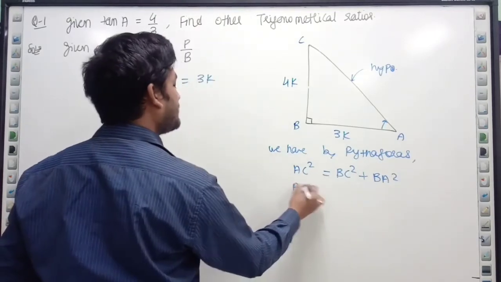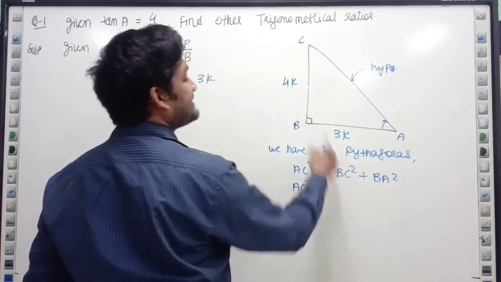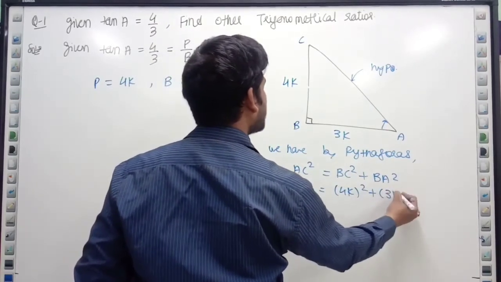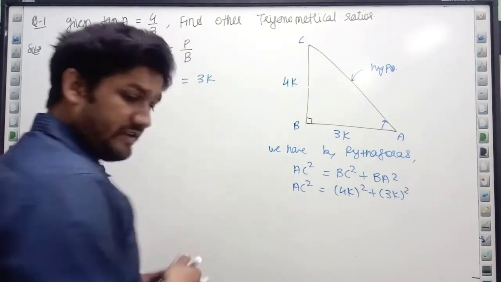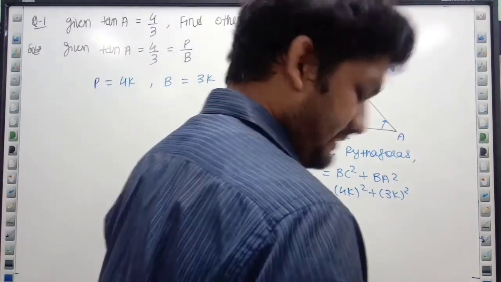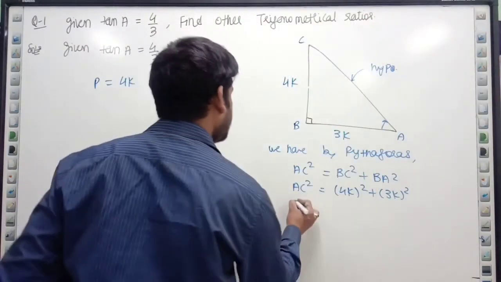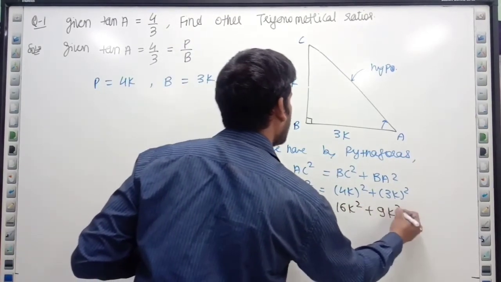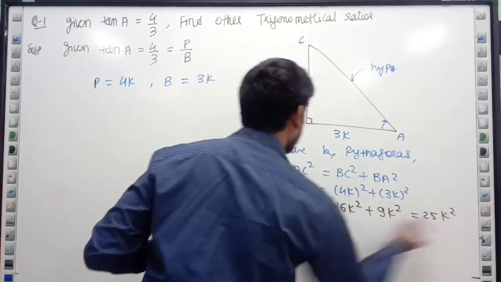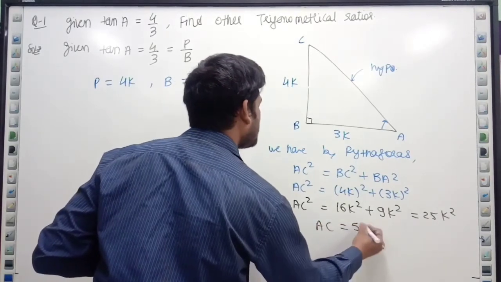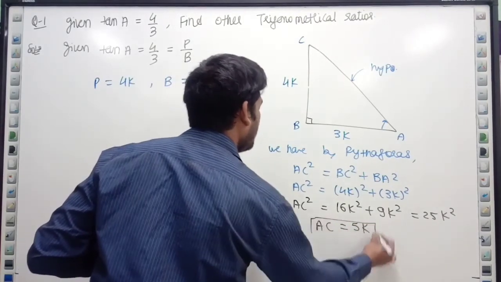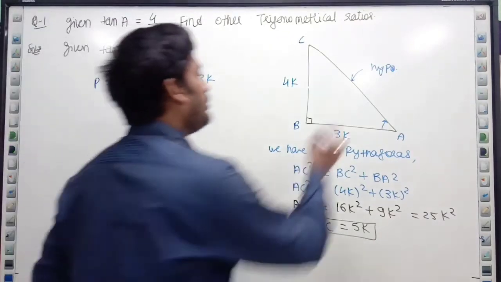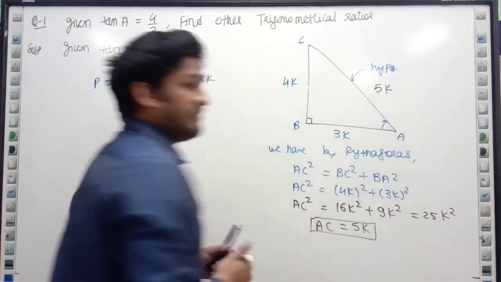So AC square is equal to (4k) square plus (3k) square. AC square is equal to 16k square plus 9k square, that is 25k square. So what will be the square root of 25k square? 5k. So the hypotenuse is 5k.